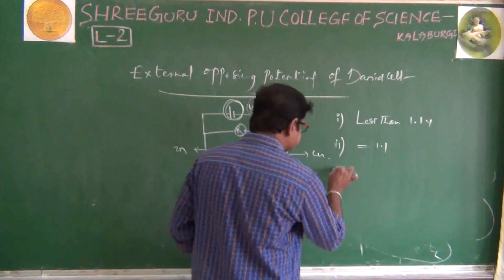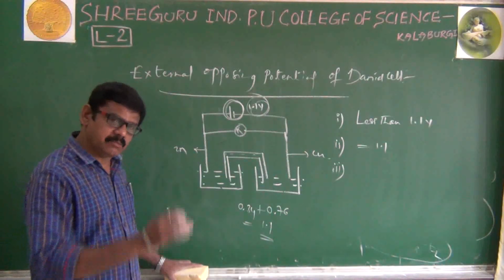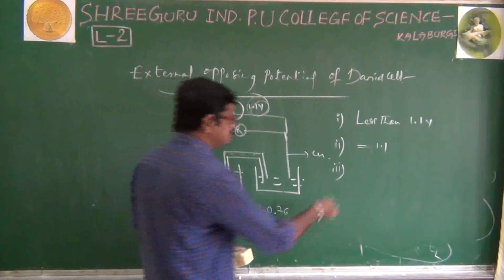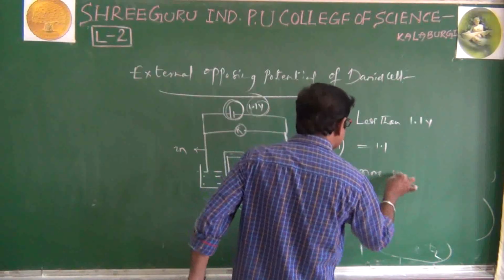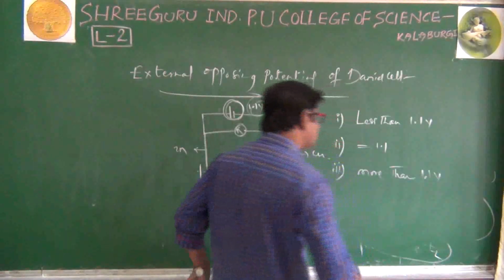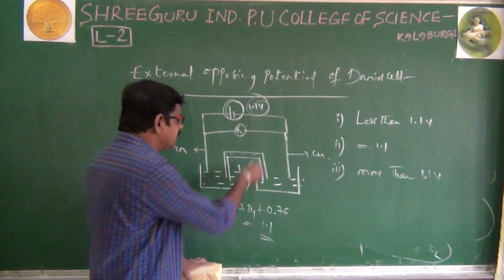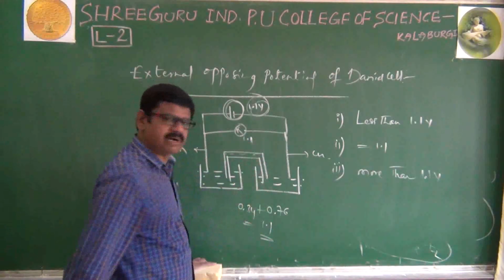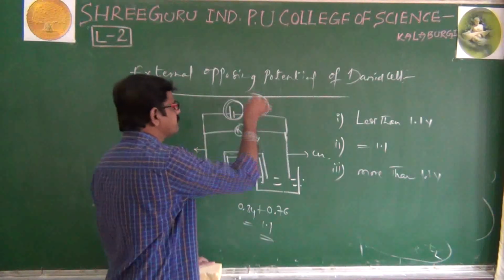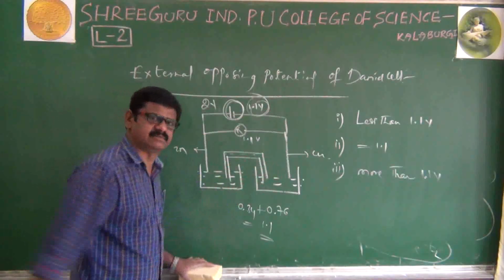Next, the third one. Suppose externally you send more than 1.1 volts. Now here what happens? Let's see that. Its potential, already known to you, is 1.1 volts. Then more than 1.1 means, suppose you send 2 volts into this Daniell cell.